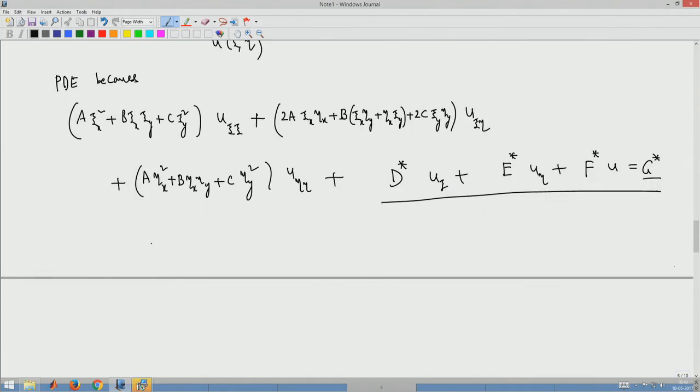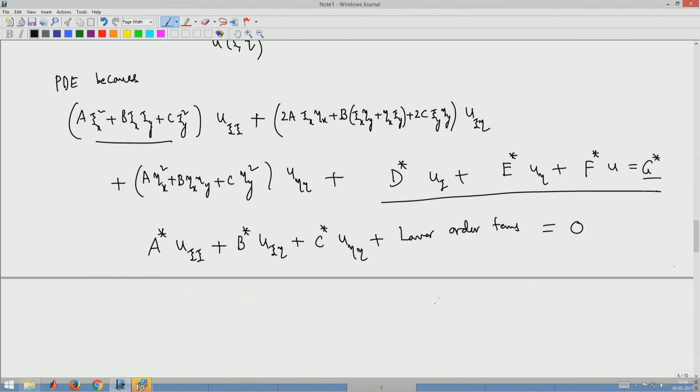What is required is you have a star u ξξ plus b star u ξη plus c star u ηη plus lower order terms equal to 0. Lower order term means including the constant, the right-hand side non-homogeneous term is 0. This is what you get.